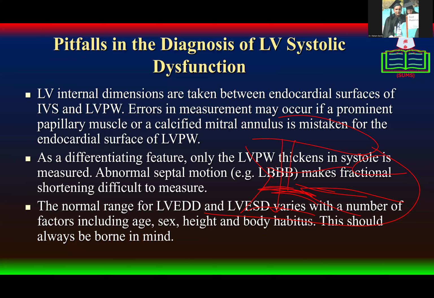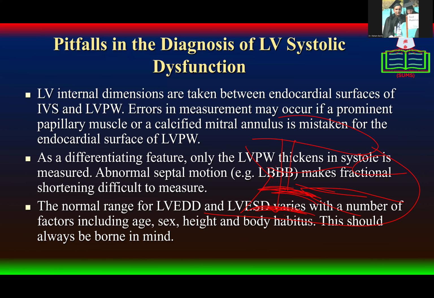As a differentiating feature, only the left ventricular posterior wall thickness in systole is measured abnormally. Abnormal septal motion, for example, left bundle branch block, makes fractional shortening difficult to measure. Due to these chordae tendineae, we can only measure the left ventricular posterior wall thickness during diastole because it is separated from the chordae tendineae of the papillary muscle.